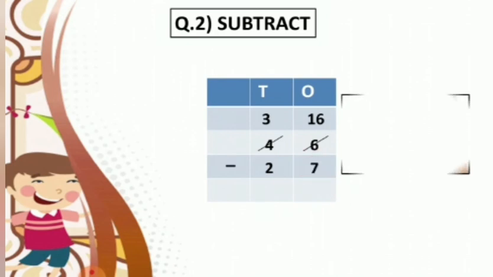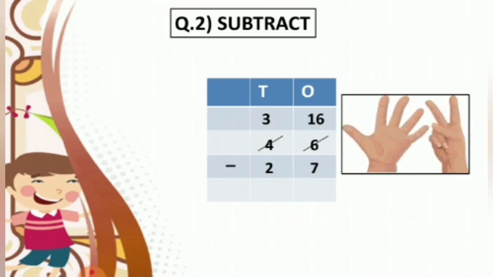So 16 minus 7. So open your 7 fingers. Let's start backward counting. 15, 14, 13, 12, 11, 10, 9. 16 minus 7. Your answer is 9.